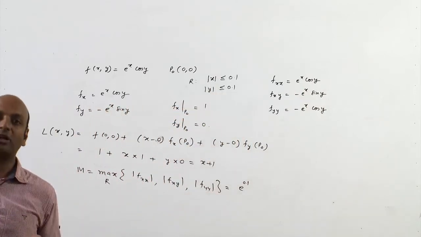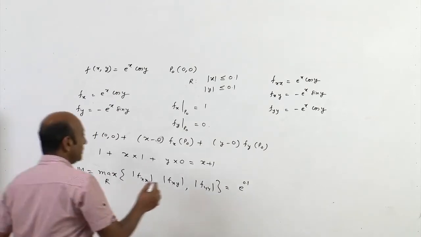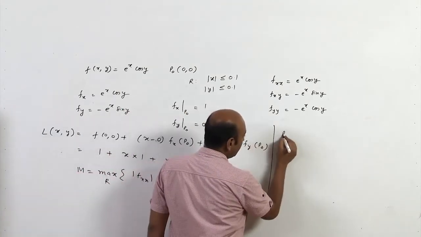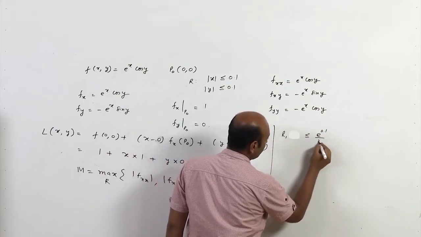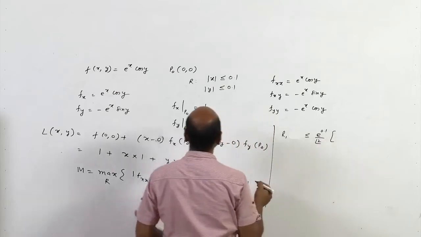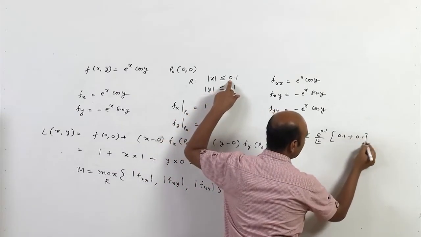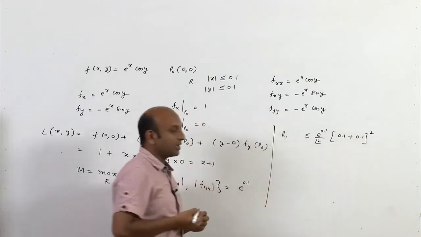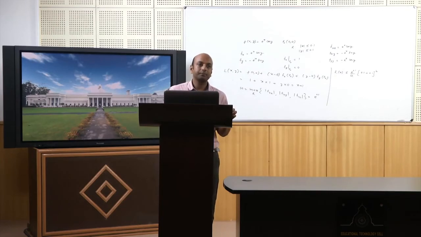So, what will be the bound? Bound of the error will be less than or equal to M by factorial 2 (|x − x₀| + |y − y₀|) whole square. So, we can solve this and find out the maximum error.